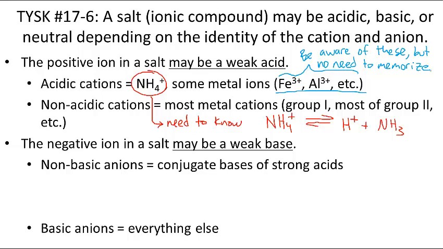So what would my non-basic anions be? What would be one example? Cl−. What else? SO4 2−. Actually, not exactly SO4 2−, although SO4 2− is more or less non-basic.